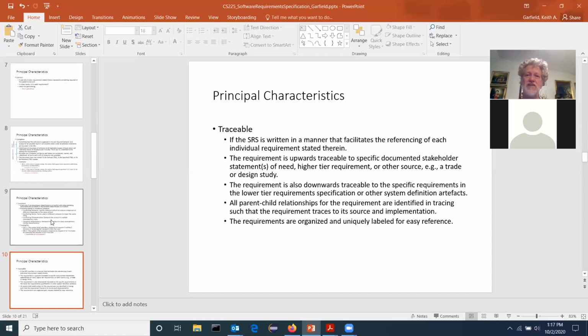Here's the test case or test cases. So you can trace backwards to find out why the requirement is there, and you trace forwards to say, here's where we meet it and here's where we test it. This traceability goes all the way up and down the line. If I started with the test case and asked, why is this test case here? It's here because of this requirement. Why is this requirement here? It's here because of this user story. Why is this user story here? It's here because it was satisfying a customer need.